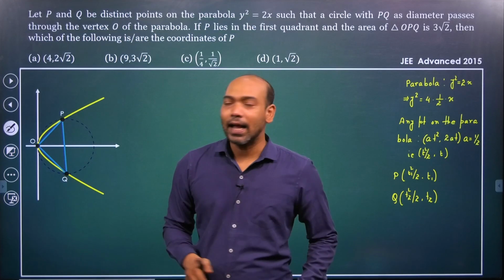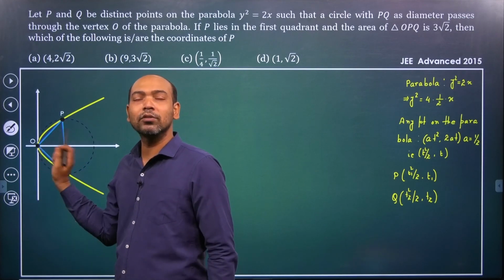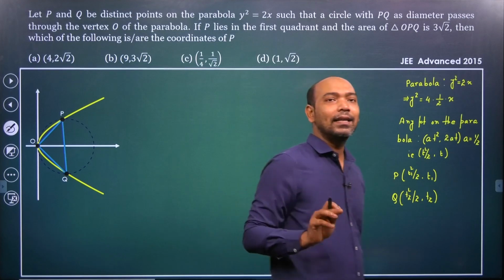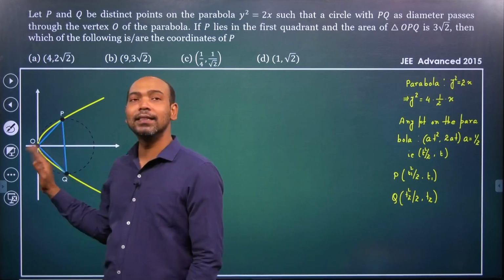Now as PQ is the diameter and the circle is passing through the point O, the angle POQ is 90 degrees, because this is the angle in a semicircle.